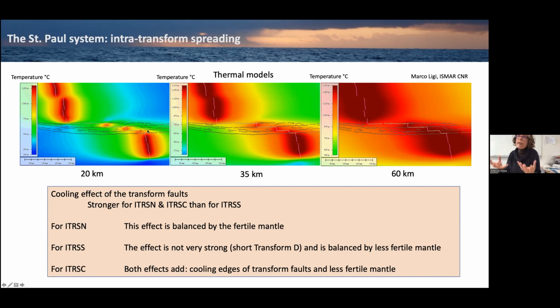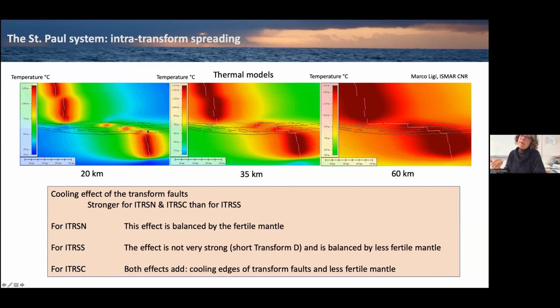However, why do we see a magmatic segment in the north? It's probably because this effect is balanced by the fact that we have a more fertile mantle feeding this segment, and therefore inducing a more magmatic spreading.